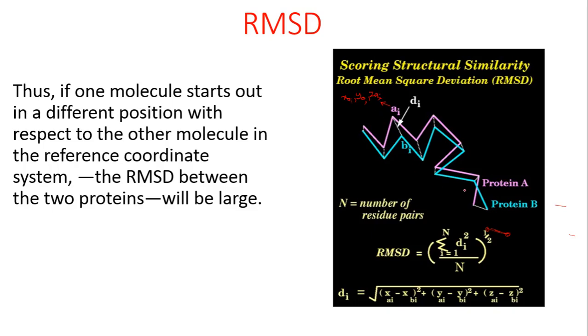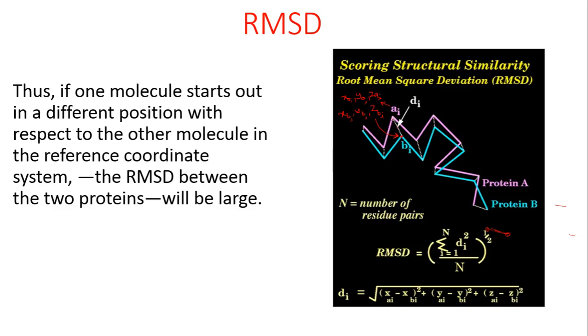Similarly, the corresponding atom BI would have the x coordinate of atom BI, the y coordinate of atom BI, and the z coordinate of atom BI. This is how the two atoms are described in Cartesian coordinates.